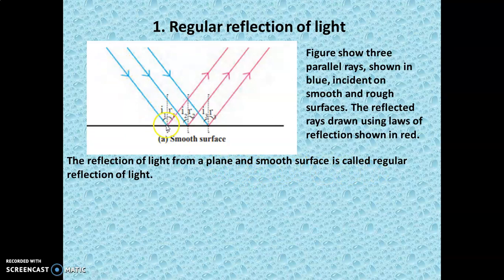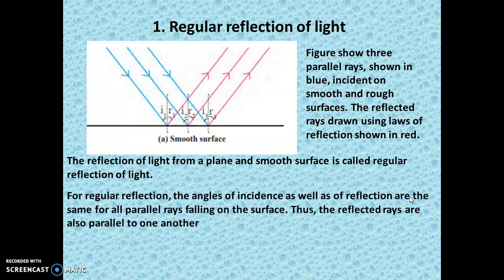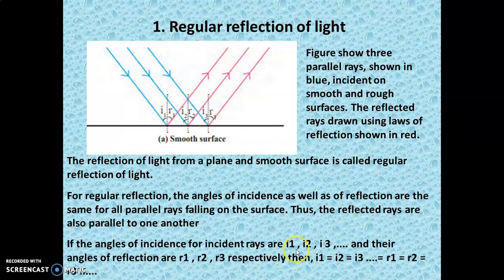See here, the incident rays and the reflected rays are parallel, and everywhere you will see that the angle of incidence is equal to the angle of reflection. You can see very clearly from the image that they look equal and they are parallel.